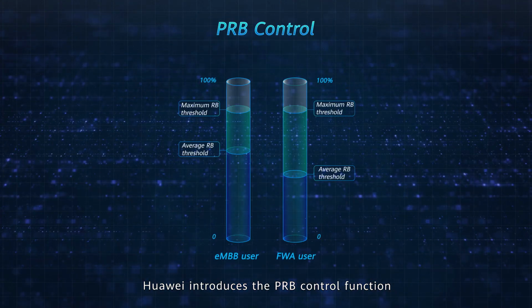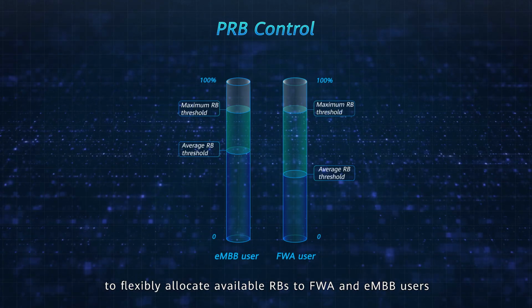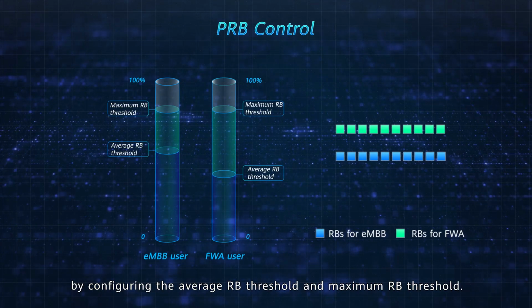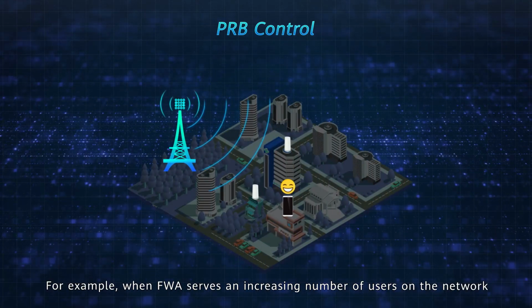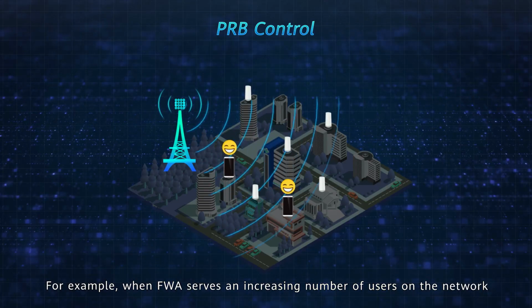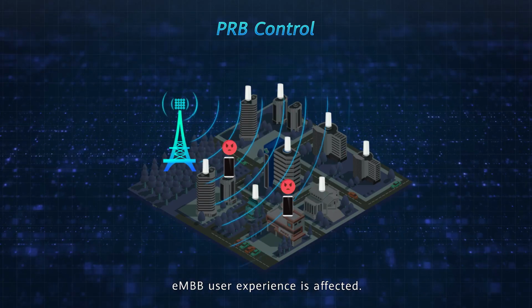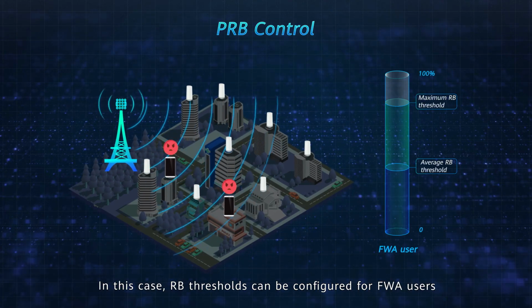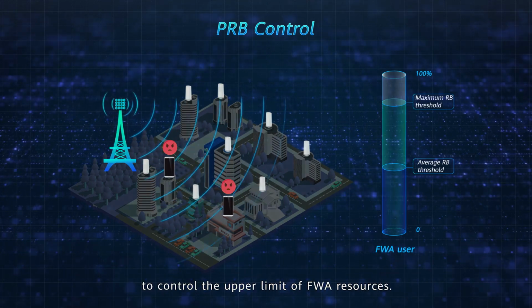The solution introduces the PRB control function to flexibly allocate available RBs to FWA and eMBB users by configuring the average RB threshold and maximum RB threshold. For example, when FWA serves an increasing number of users on the network and consumes a lot of RBs, eMBB user experience is affected. In this case, RB thresholds can be configured for FWA users to control the upper limit of FWA resources.